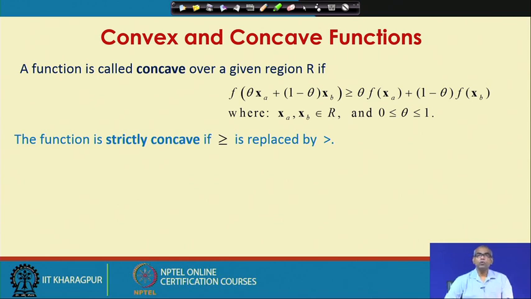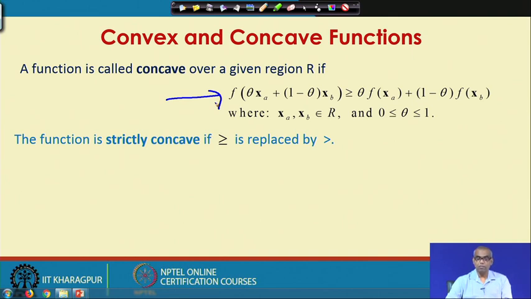So, now let us introduce the definition of convex functions and concave functions. A function is called concave over a region R if this condition is satisfied. What is this condition? Consider 2 points xa and xb in the region. Consider a number theta which lies between 0 and 1.